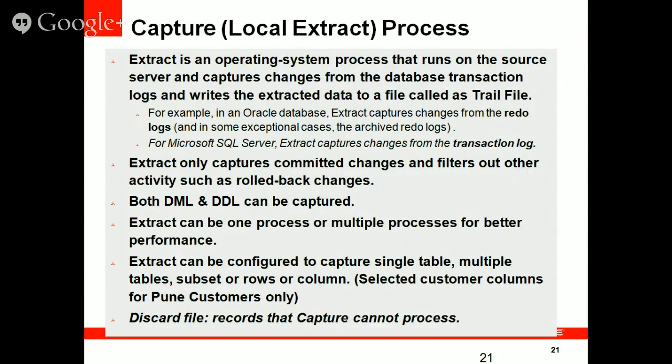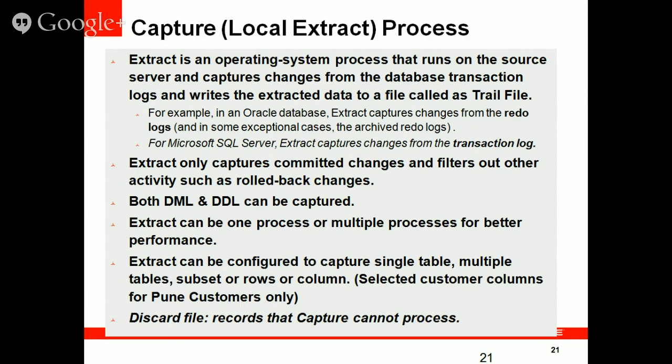For example, in Oracle database, extract captures changes from redo logs, and for Microsoft SQL Server, extract captures changes from the transaction log. Extract only captures committed changes, and uncommitted changes are rolled back. Both DML as well as DDL changes can be captured.